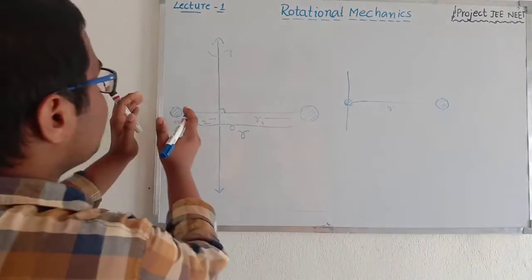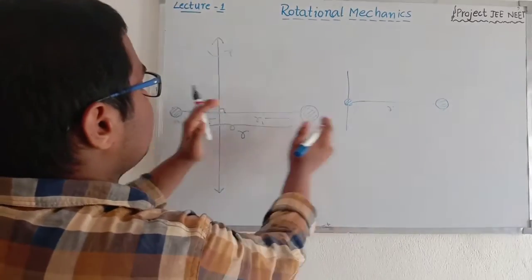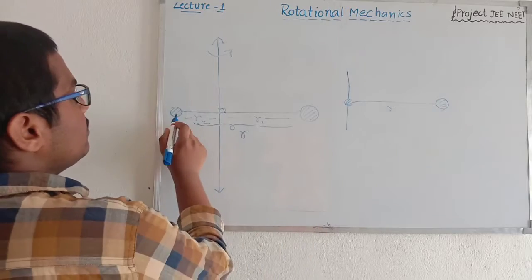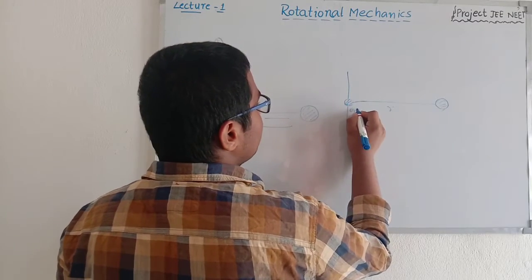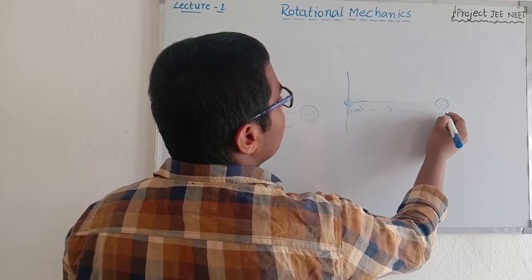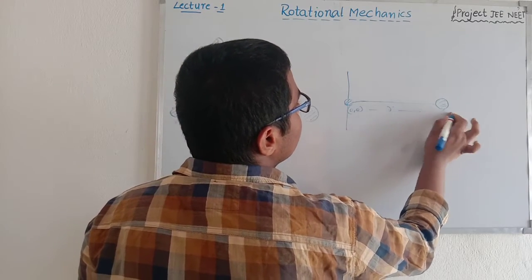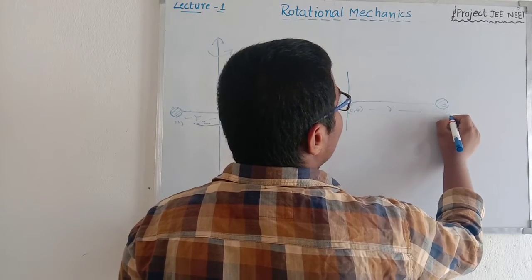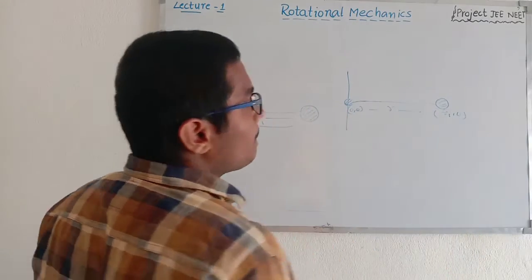So we just shifted this to this. R2 distance is shifted rightwards so that this gets (0, 0) and this gets (R1, 0).